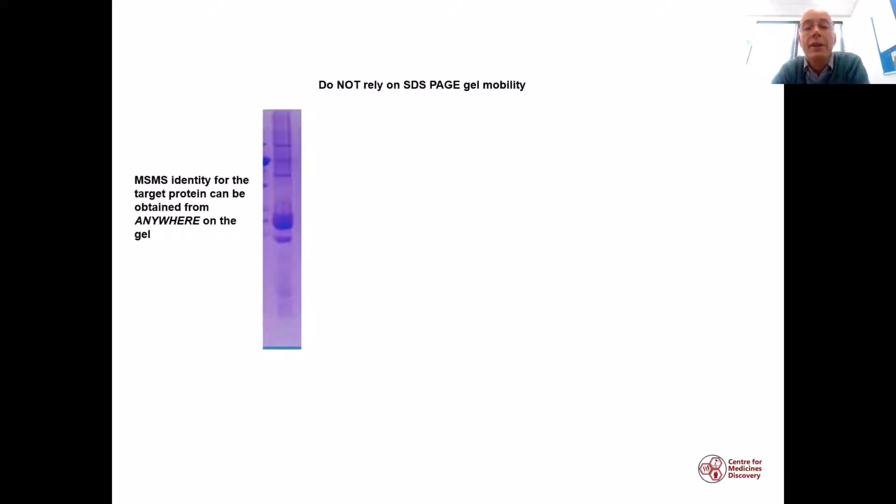If you rely on SDS-PAGE mobility to identify your protein, you should bear in mind that if we analyze your gel, we can find protein which matches your target by MS/MS theoretically anywhere on the gel. So this is your predicted mobility for your target protein. It ought to be here.